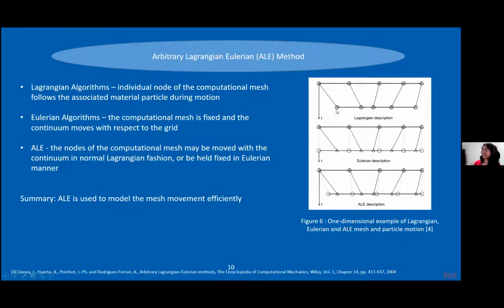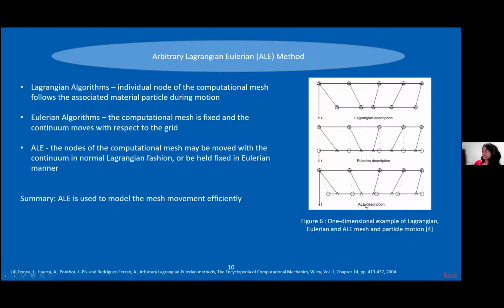And for Lagrangian description, it follows that as the particle moves, the mesh also moves to that position. The Eulerian description, which is mainly used in fluids, here the mesh nodes are constant and the particles can move independently. Now there's an ALE description where the computational mesh and particles can move independent of each other.